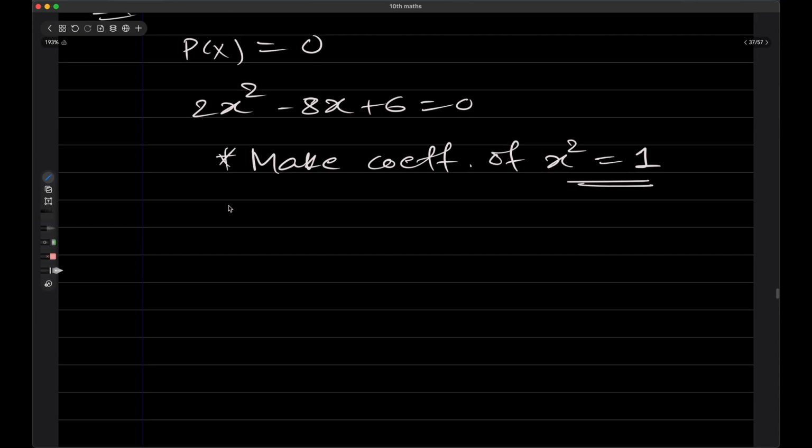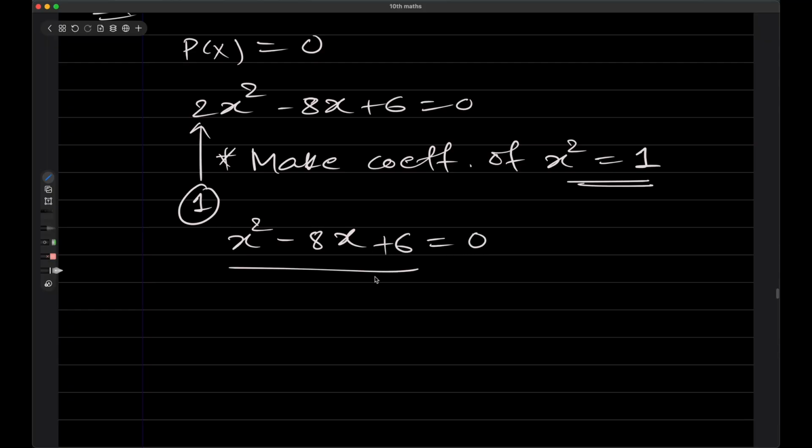So we divide both the sides by the coefficient of x square. 2x square divided by 2 is x square, minus 8x divided by 2 is 4x, and 6 divided by 2 is 3, equals 0 divided by 2 is 0.